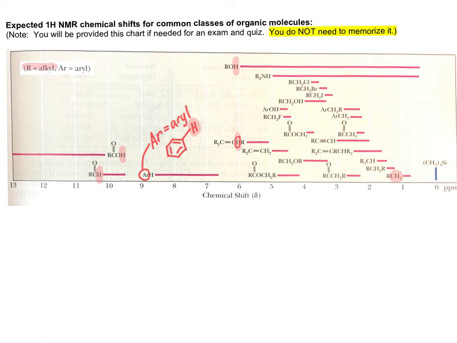Keep in mind that if you have multiple functional groups coming into play, they can cause the chemical shift values to change a bit. So for example, if we have a CH2 group that we are seeing up here toward the top of the chart, our CH2 group that's directly bonded to a Cl, we expect to show up somewhere between about 3.25 and about 3.75.